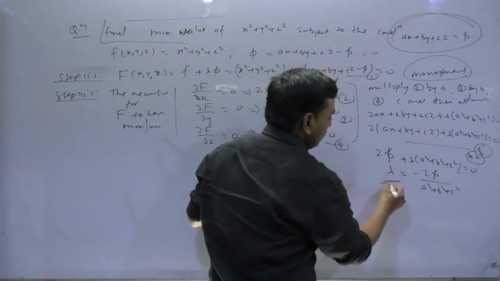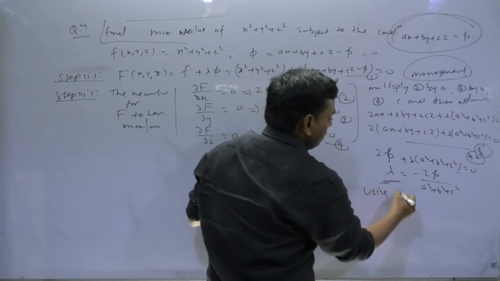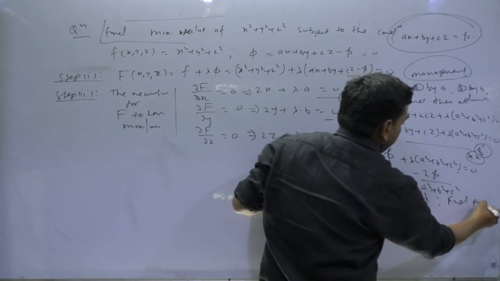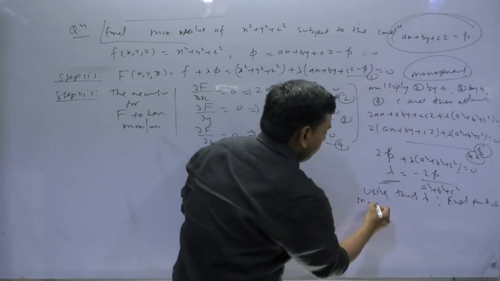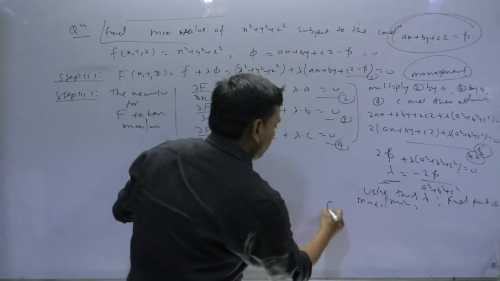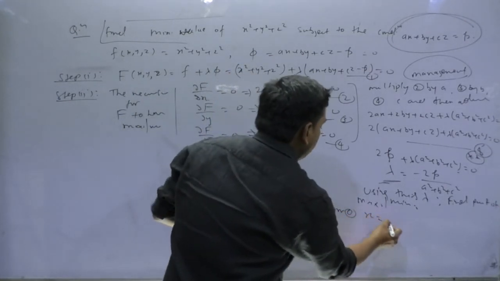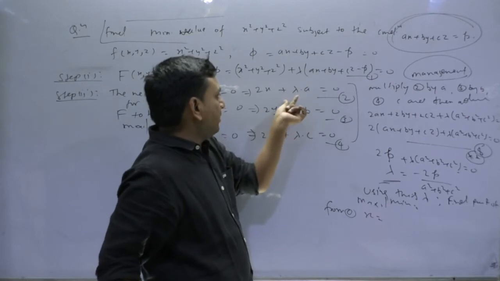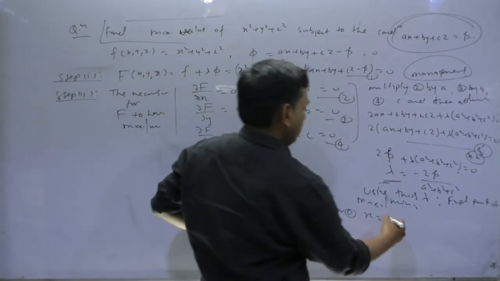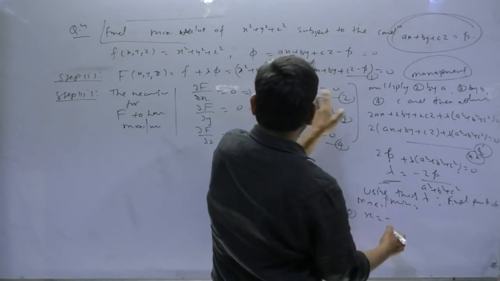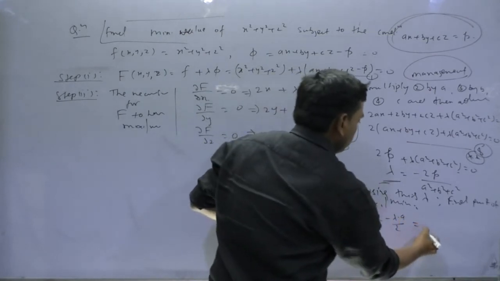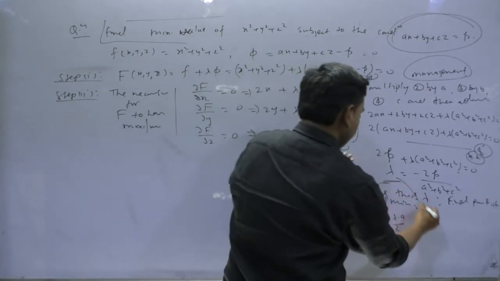Next step, using this lambda, find the point of maxima or minima. Check it out. From 2, x equals minus lambda a by 2. So use this lambda now.